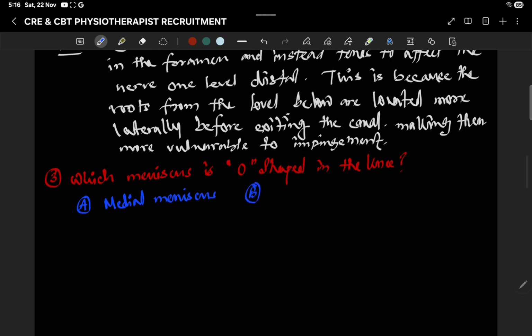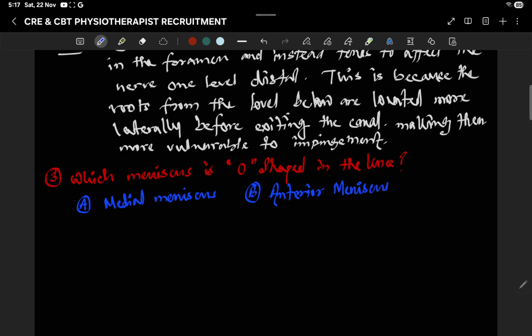Number B, anterior meniscus. Number C, lateral meniscus.